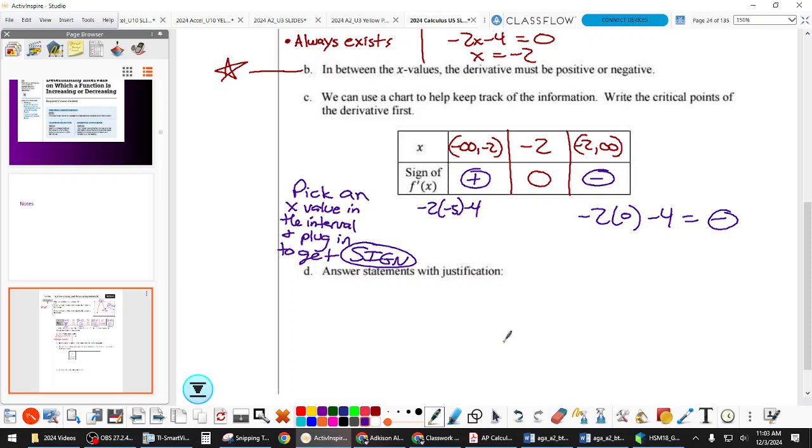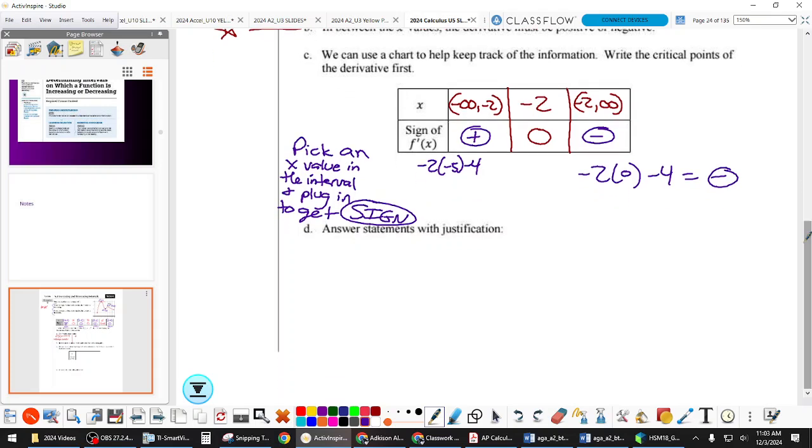And then to justify, would you say it's increasing because the sign is positive, or because it's greater than 0? Yes, we'll say that, except we have to say f prime, not f.